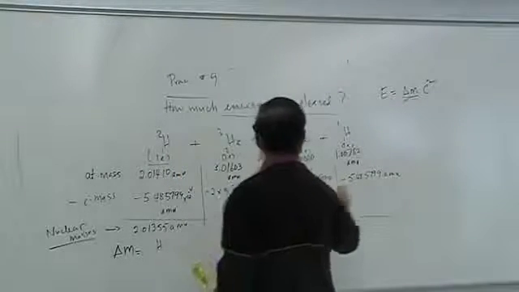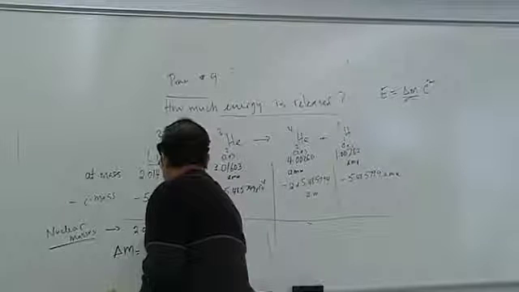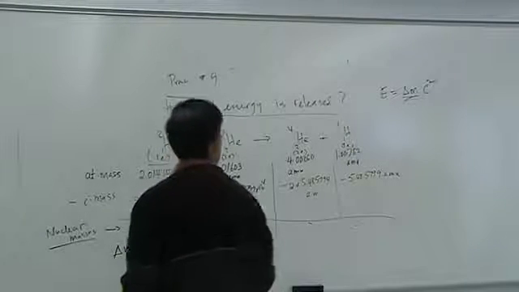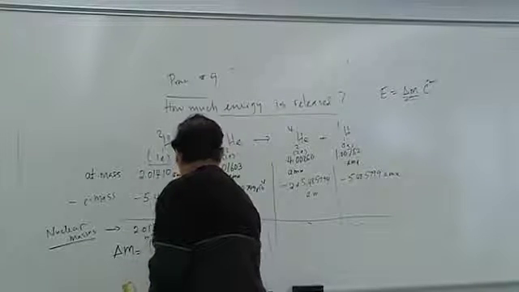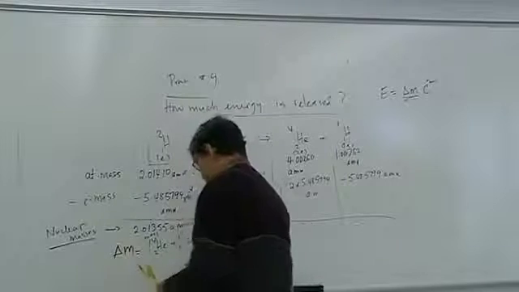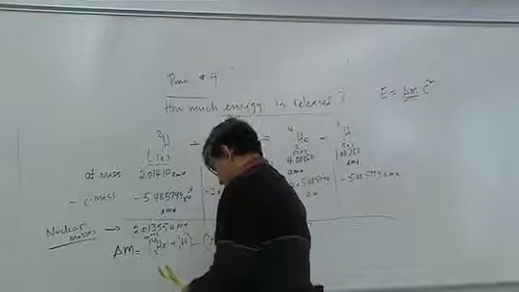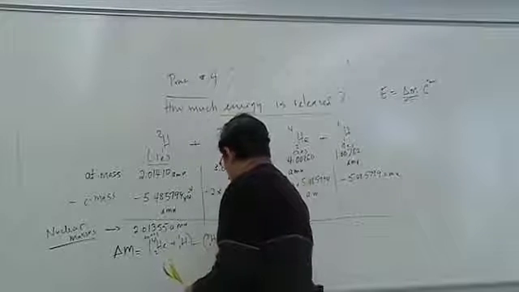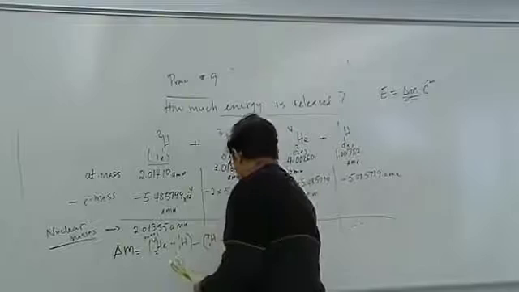The product values added together. Helium-2, 4. So that's the masses. So mass of helium-2, 4 plus mass of hydrogen, that's products, minus reactant masses, doublet mass, helium-2, 3.